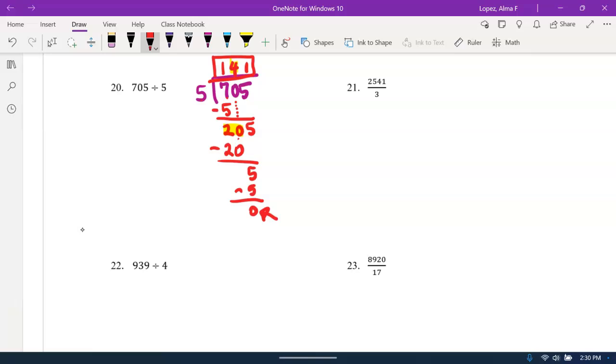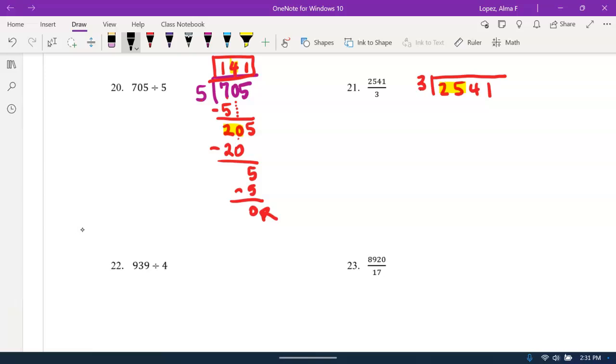Let's do this next one. If I have 3 being divided into 2,541. Does 3 divide into 2? No. So you're going to pick up another digit. Does 3 divide into 25? Yes. What is the number of times that you can divide 3 into 25?